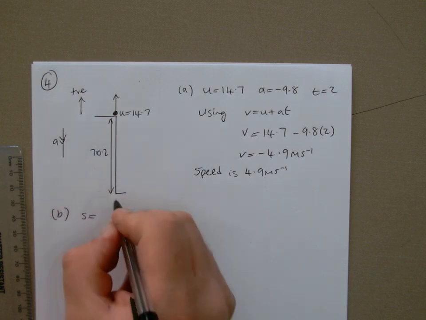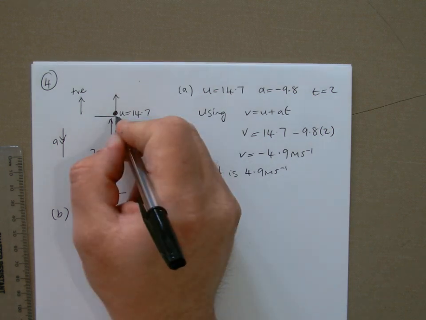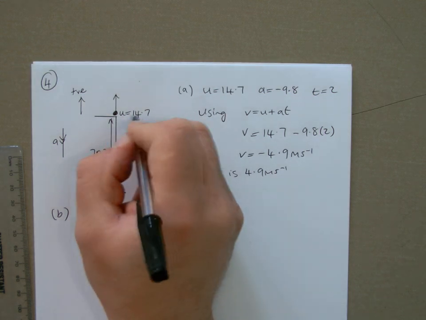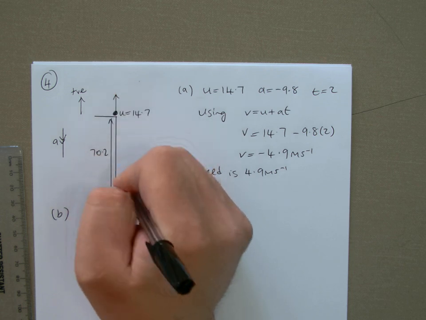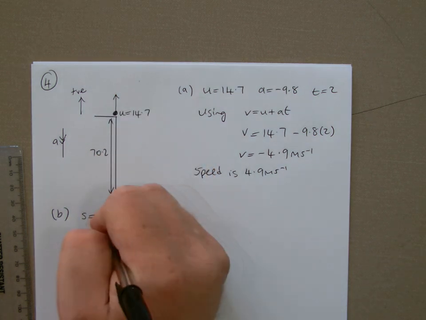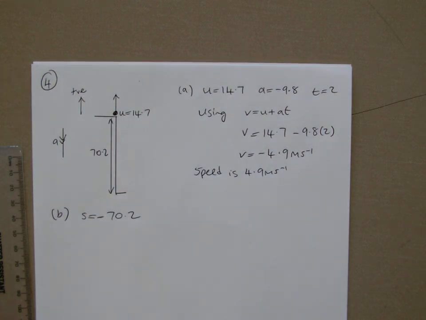Remember displacement is 0 where it starts, upwards is positive, downwards is negative, so displacement is going to be minus 70.2.